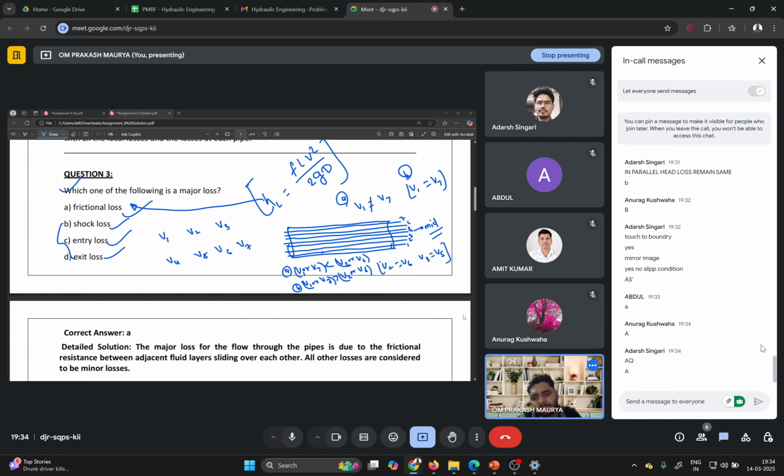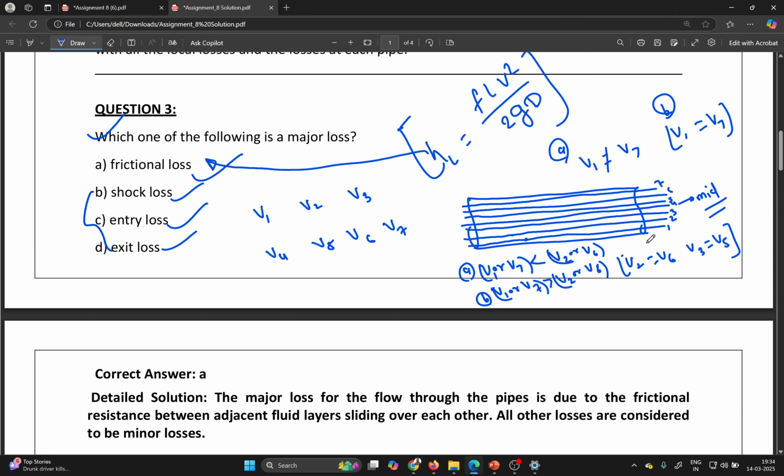Okay, A. Just try to understand, due to the friction and the no slip condition, V1 and V7 will be the same, but just above V1 the velocity will be higher, that is V2 will be higher than V1 or V6 will be higher than V7.